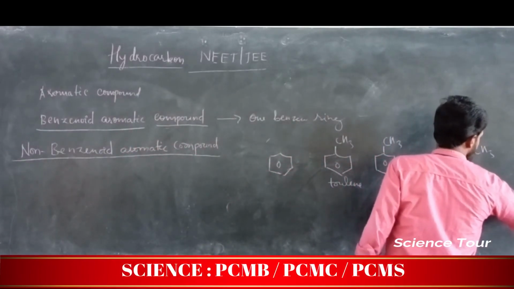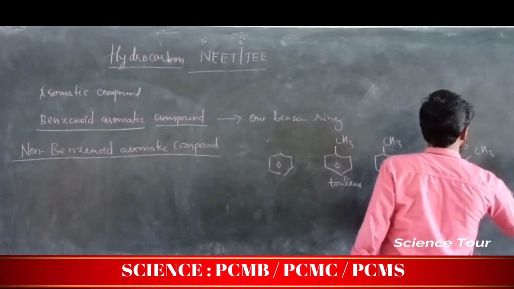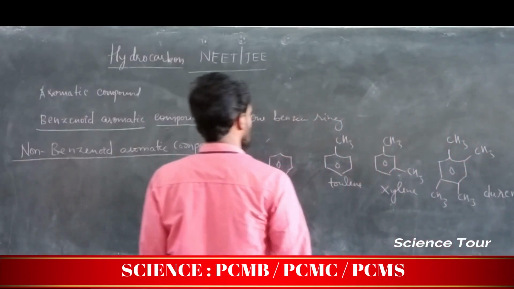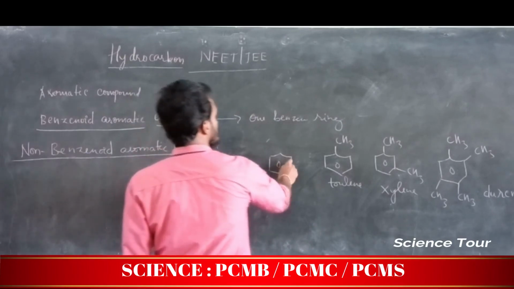Here one CH3 group is attached. Here one CH3 group is attached. Mesitylene. These all contain only one benzene ring.